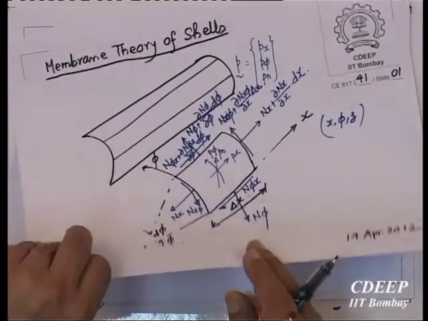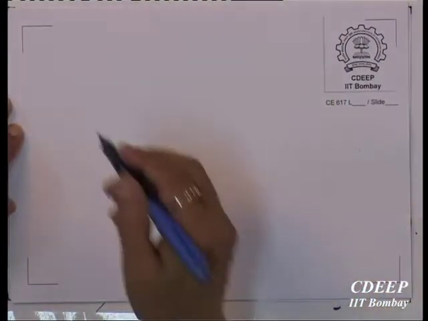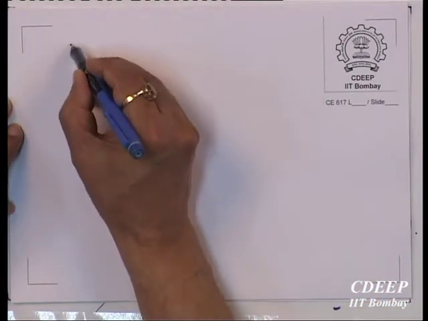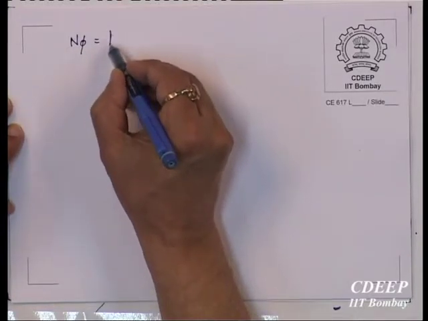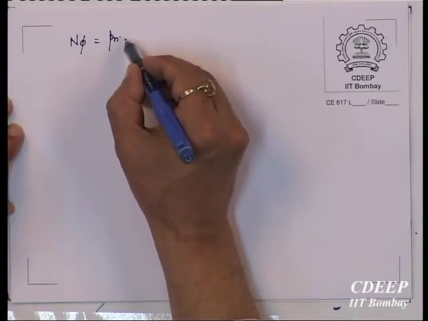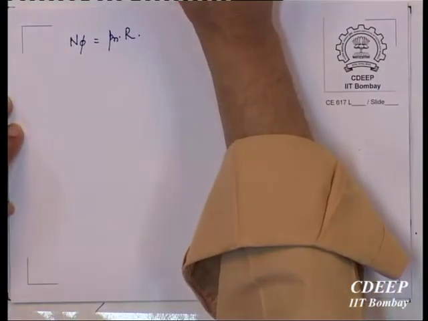So, it is possible to write the three equations, and I will not go into all of it. So, n phi can be written as P n r, where capital R is the radius of the shell.